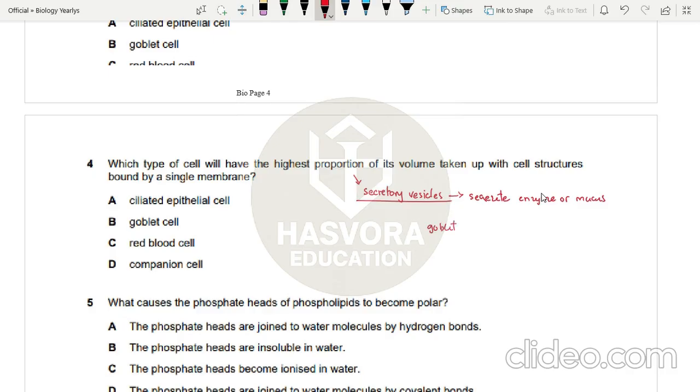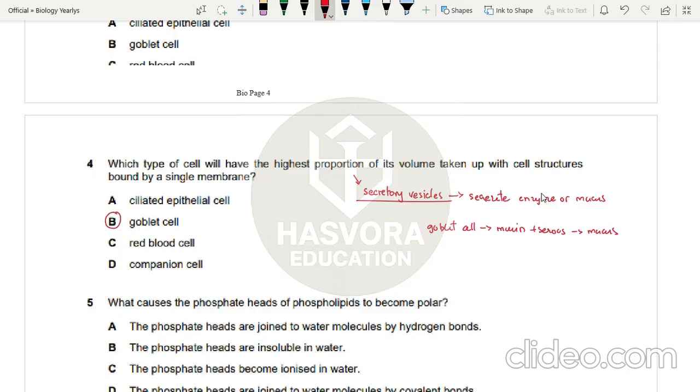The goblet cells produce the mucin, and the mucosal glands produce the serous fluid to form the mucus. So we will need the goblet cells in larger amounts to release more mucus. So it will take the highest proportion of the cell volume in the form of secretory vesicles, because the goblet cells are the main component that secrete the mucus.